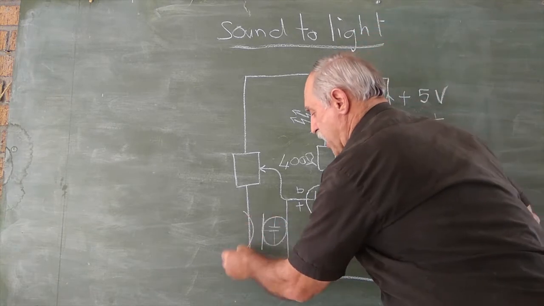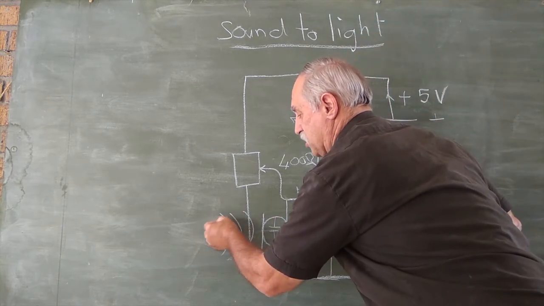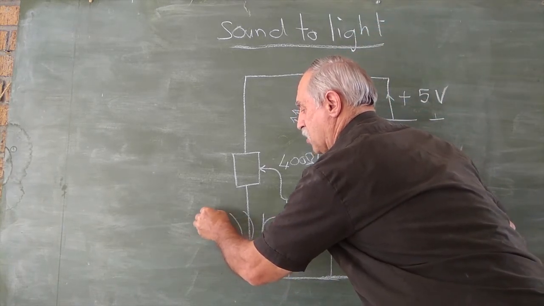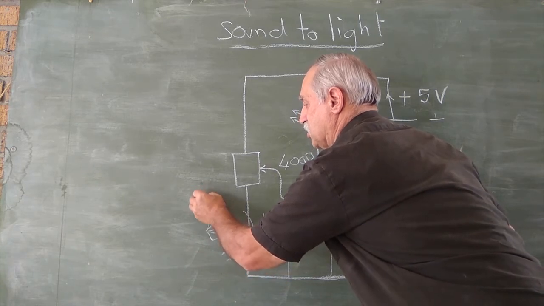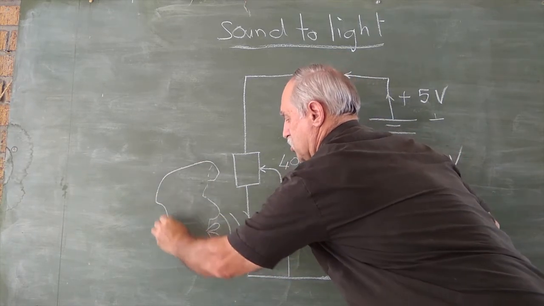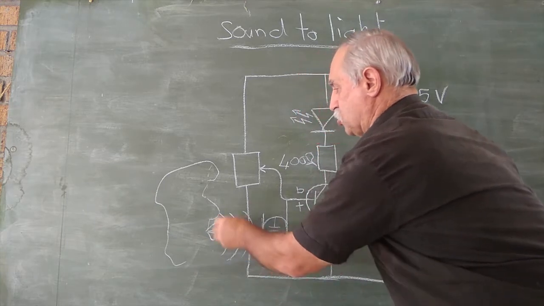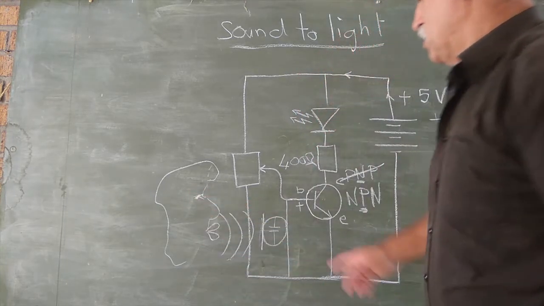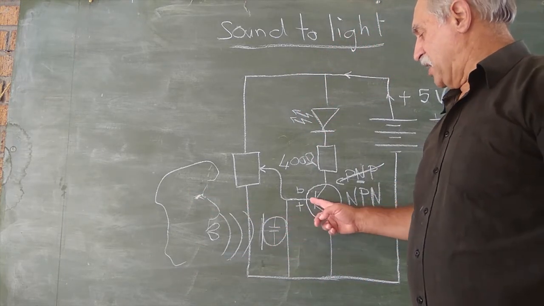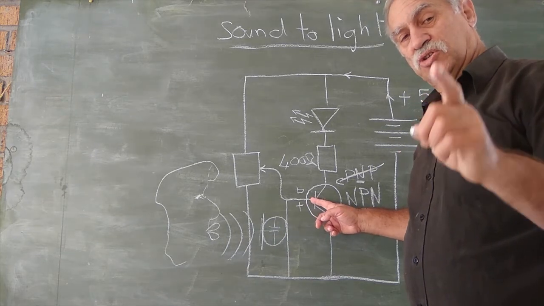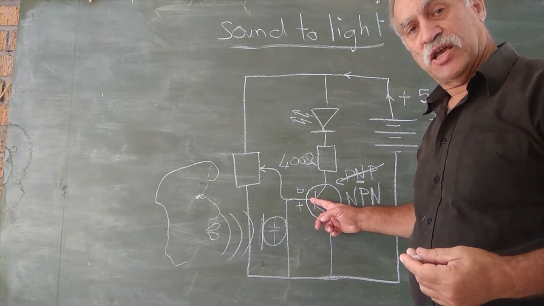So when we have sound waves coming, there's lips. Okay, there's a nose, there's an eye. So when you blow on this or speak to the speaker, it's going to bias it totally positive or totally negative.